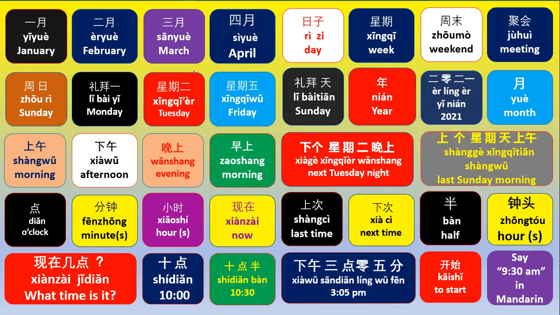Good. And August. 8月, correct. September. 9月, correct. Nicely done. October. 10月, nice.